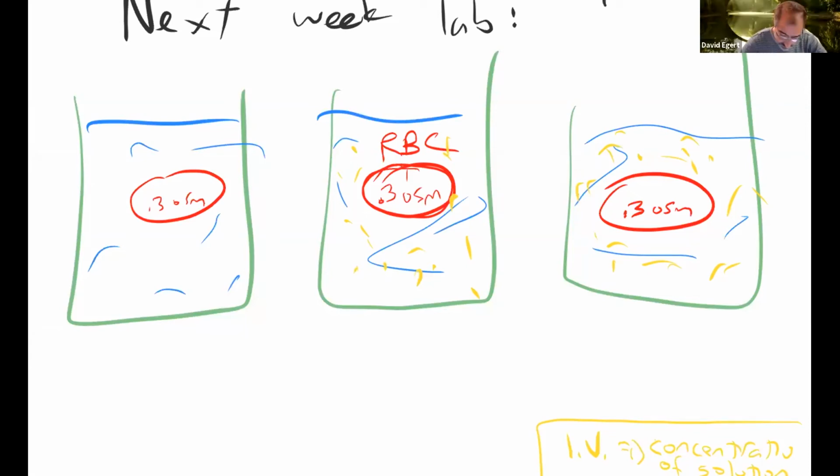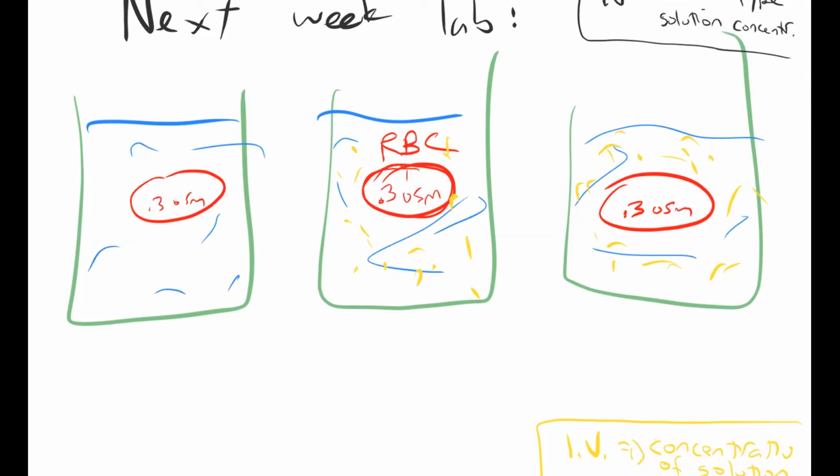So we have independent variables: solute type and the solution concentration. Is that clearer?